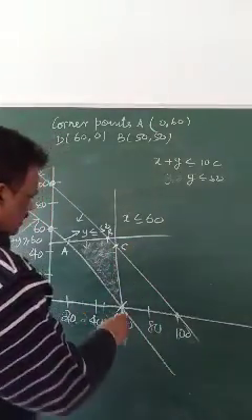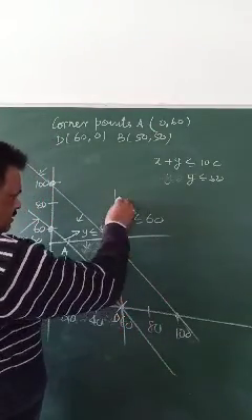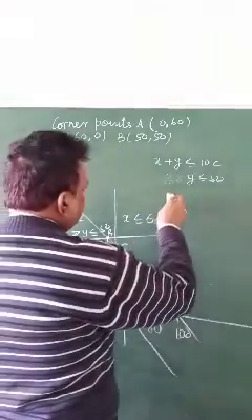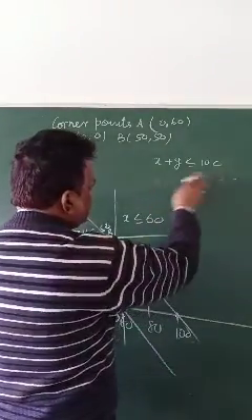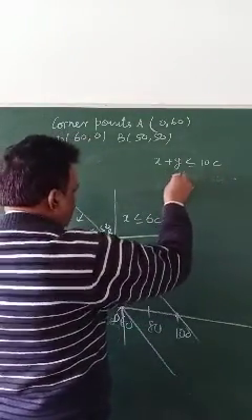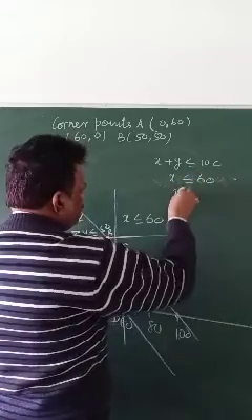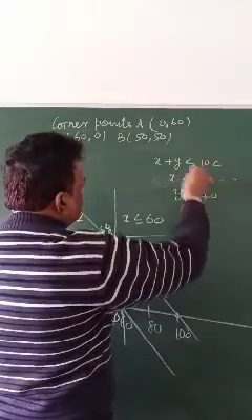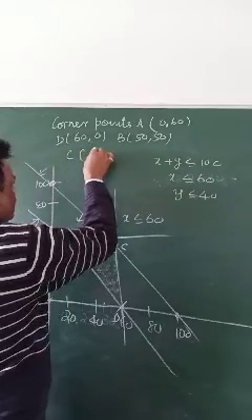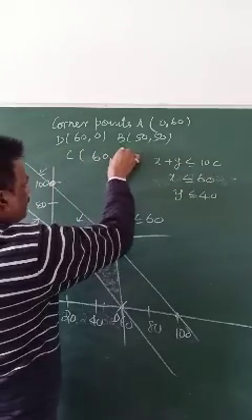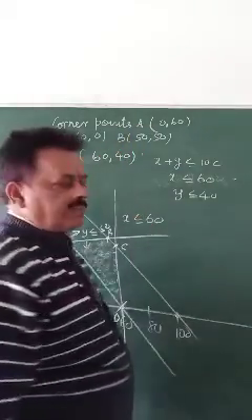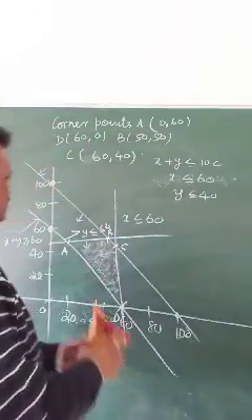C now. C is the intersection of this line x equals 60 and x plus y equals 100. X is 60, so y will be 40. So C point is 60, 40. 4 points you got. Let's put them in the table.